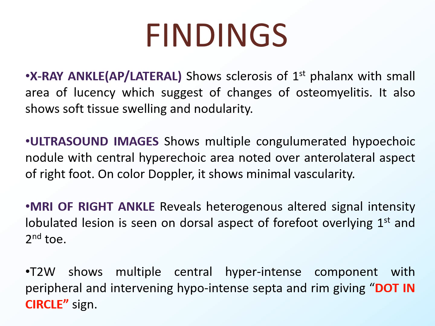On color Doppler, it shows minimal vascularity. MRI of right ankle reveals a heterogeneously altered signal intensity lobulated lesion on dorsal aspect of forefoot overlying first and second toe. T2 weighted image shows multiple central hyperintense components with peripheral and intervening hypointense septa and rim giving a dot in circle sign.